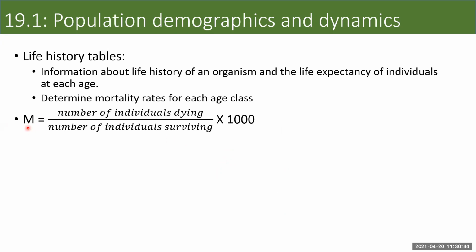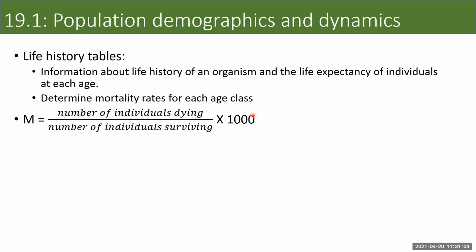And so you can determine mortality rates by just dividing the number of individuals that die over the number of individuals that survive, and you multiply that by 1,000, and that gives you your mortality rates.